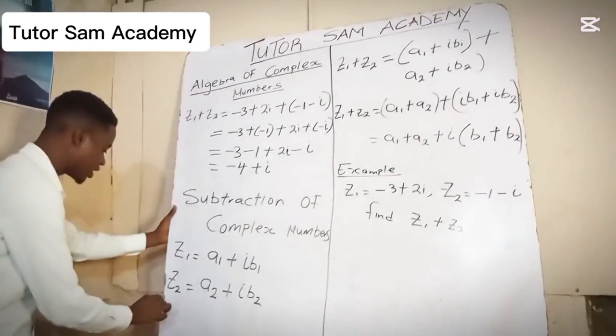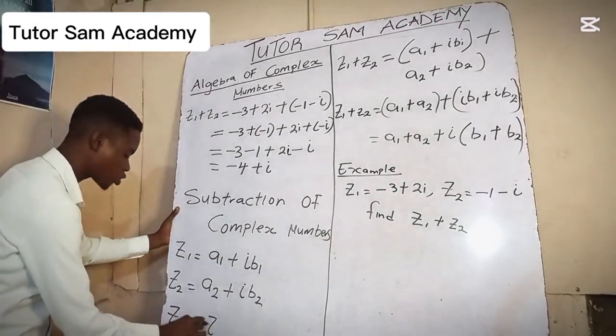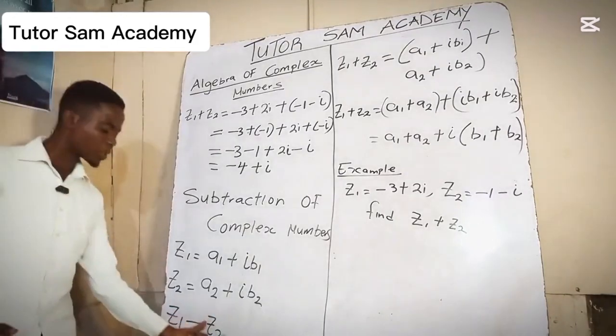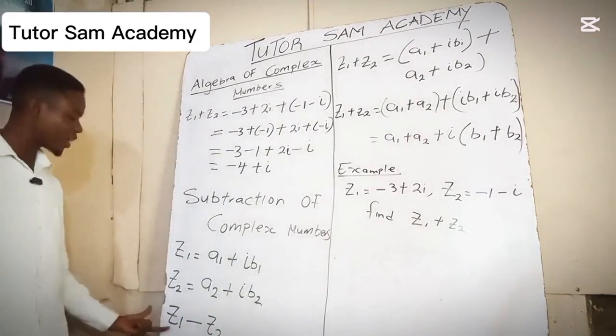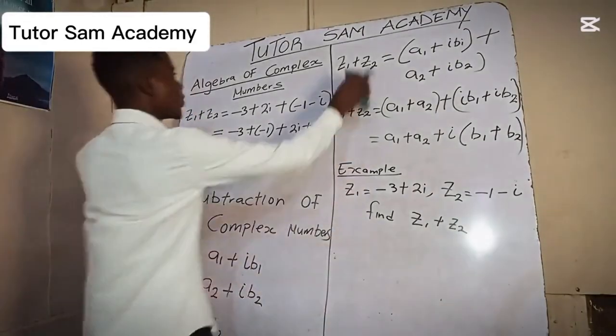So since it's subtraction, the question is Z1 minus Z2. You can also be asked to find Z2 minus Z1, or Z1 minus Z2, whichever is the case. Now let's subtract.